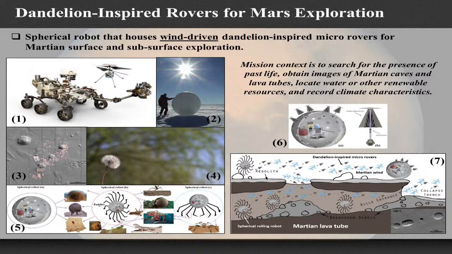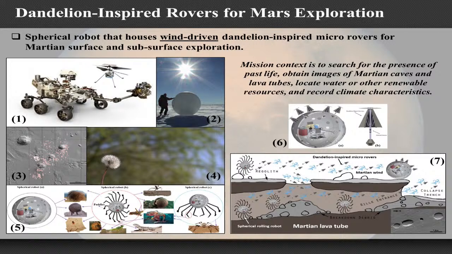They want information on these caves so that they could have the potential for being possible human occupation centers. They want to send these robots to record different characteristics to get a better understanding of their structure. So I thought, what if we could harness this dandelion concept and send thousands of these micro rovers into those caves? Look at Figure 5.